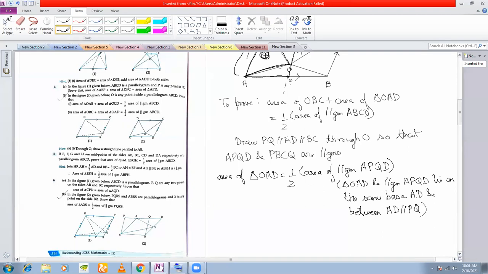So the triangle and the parallelogram lie on the same base and between the same parallel lines. Hence, area of triangle OAD is half area of this parallelogram.